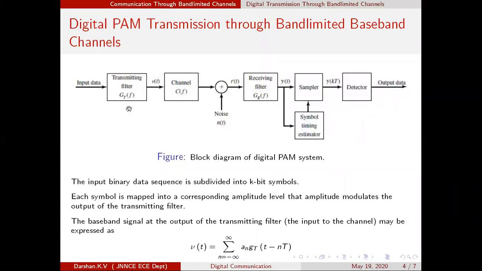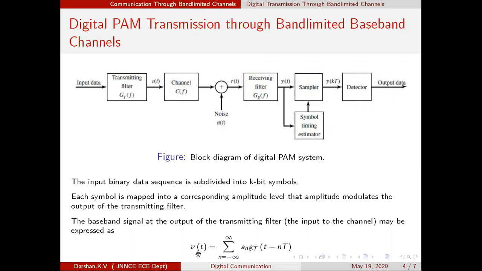What will the transmitting filter do? It will generate pulses. If a symbol is inputted, the transmit filter will generate a pulse of corresponding amplitude. Therefore, over a period of time, you have so many pulses appearing at the output of the transmitting filter. That is represented by this v of t.